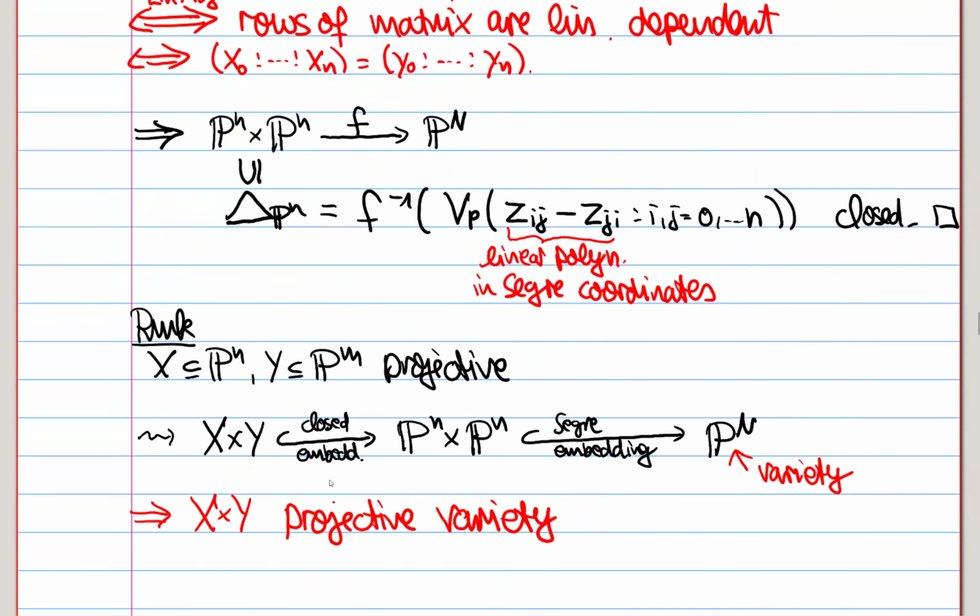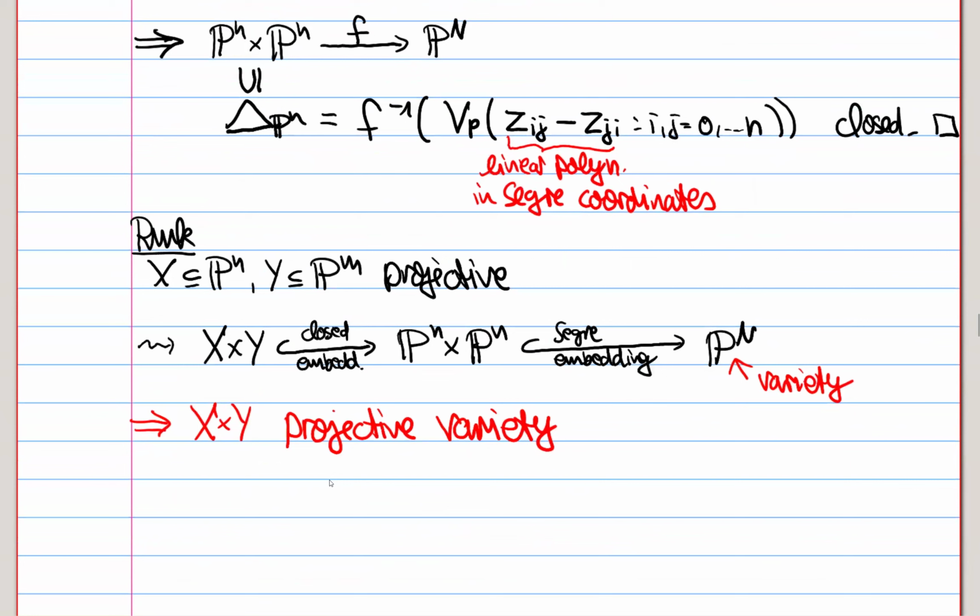And then a final remark here is that if X inside Pn and Y inside Pm are projective varieties, then, well, we have seen the product of 2 closed embeddings is a closed embedding. So this sits as a closed subvariety in this product. And then this here by the Segre embedding sits as a closed subvariety in Pn.